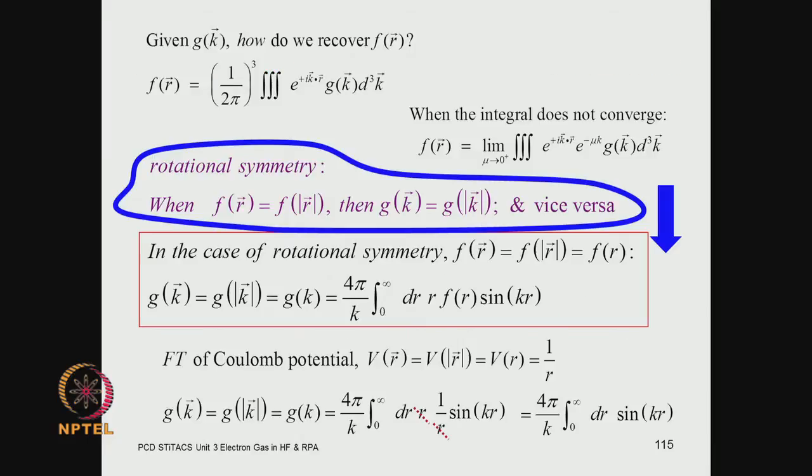So the other thing that we exploit in this case, that when this function f of r, whose Fourier transform you are interested in, if this has a rotational symmetry, then the Fourier transform has got a rotational symmetry in the momentum space or in the k space. So that is again a theorem which you can work out, and I will not discuss that in any detail, but I will use these results. And the entire derivation of the Fourier transform of the screen Coulomb potential is based only on these two very simple considerations.